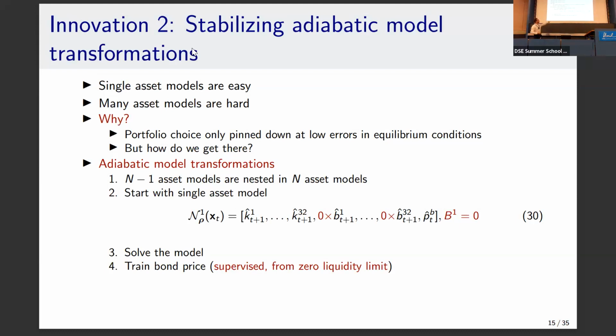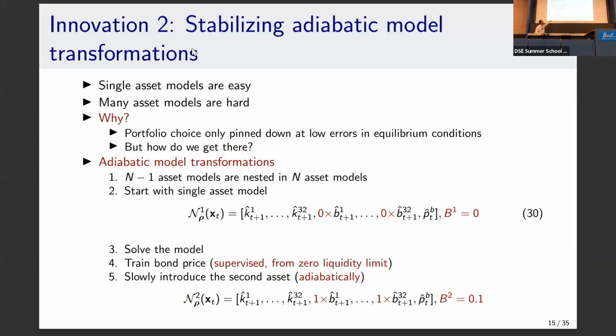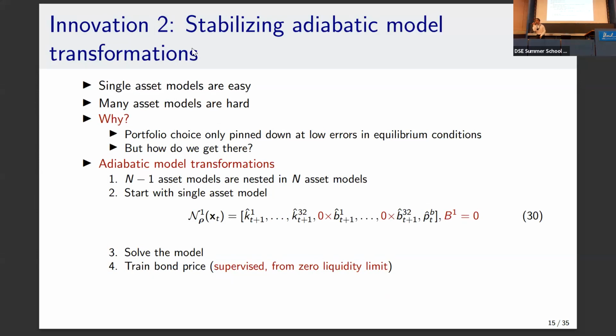So before we just blindly turn on the bond, remember, the price in SOFR was irrelevant. So this prediction is a random variable. So before we introduce the bond, we train the bond price, and we can get a closed form solution for this bond price. I'll go into more detail later. And then we slowly introduce a small amount of bond into the economy, and the economy with only capital is an extremely good starting point for the economy with a little bit of bond.